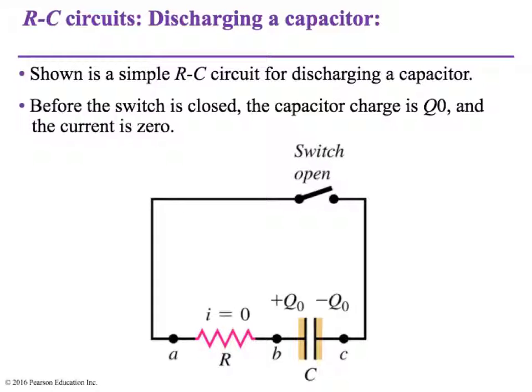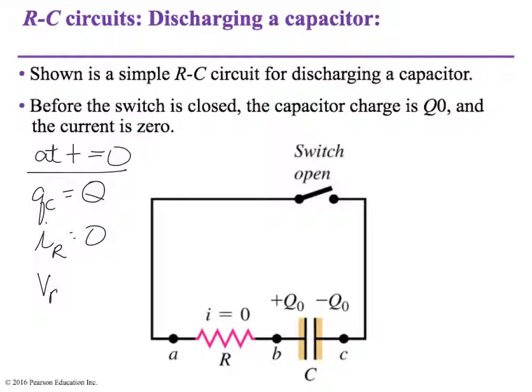So we can think of the extremes that would happen in this case. At t equals 0, the charge on the capacitor is its initial charge. The current in the resistor is 0, and the voltage across the resistor would also be 0.